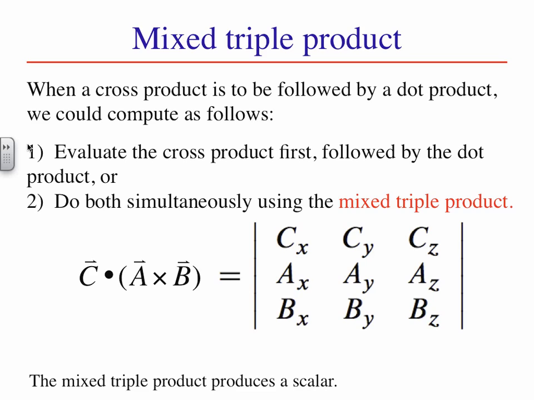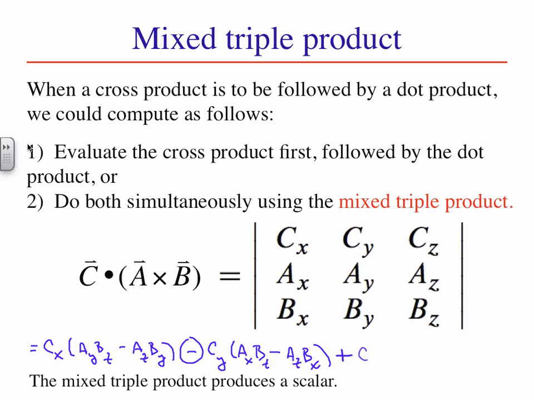Using the cofactor expansion of method 2, we have c dot a cross b is equal to cx times (aybz minus azby), minus cy times (axbz minus azbx), plus cz times (axby minus aybx).